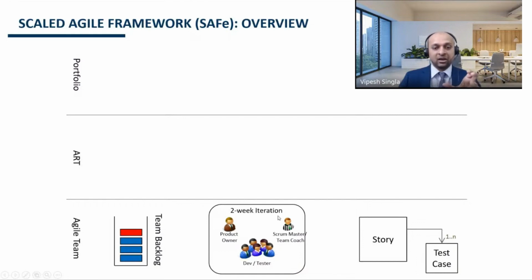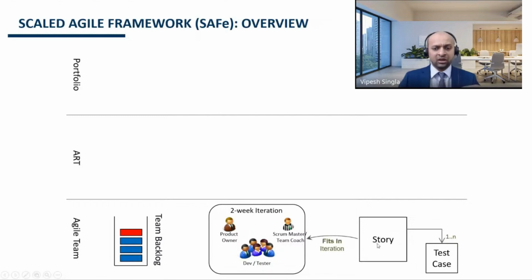Basically it's a 2 week time period in which the team picks the story from the team backlog, converts it into customer usable functionality, and delivers it to production.